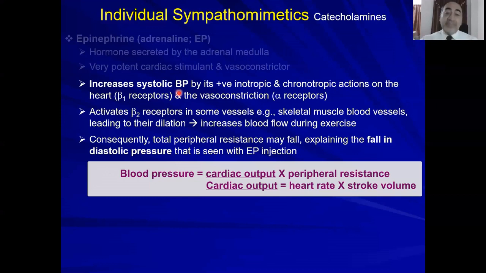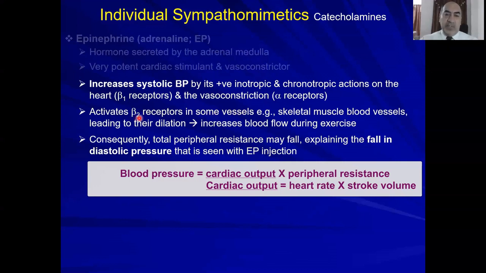However, it activates beta 2 receptors in some vessels. Do you remember when we said the sympathetic nervous system has this weird effect on blood vessels? It's as if it says to the organs like the viscera and skin, could you please allow me to take some of your blood and divert it to the skeletal muscle because it needs it more?